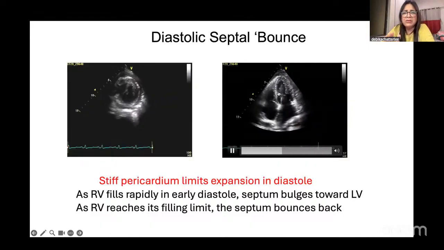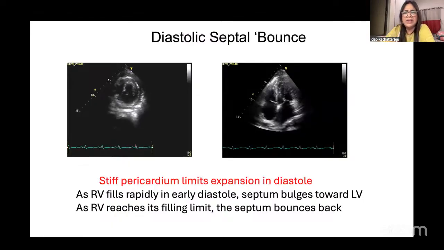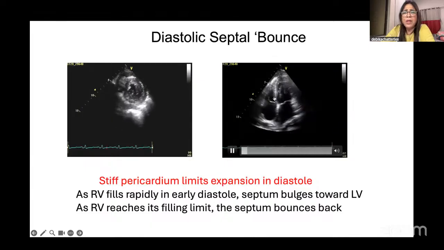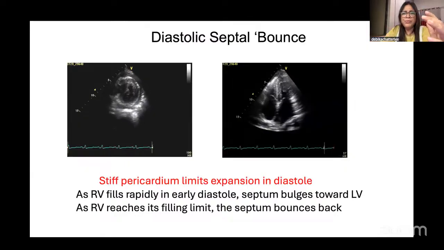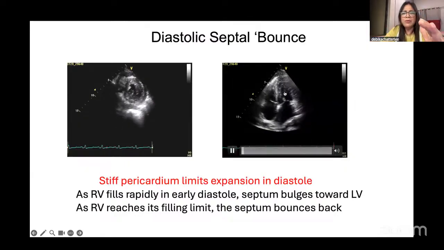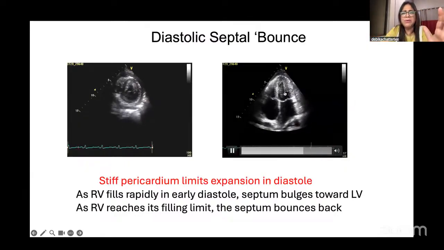You see, it's a shuddering motion of the septum because the thick calcified cement pericardium has resulted in fixed end-diastolic volume. So as the diastole goes, a time comes when it has reached its maximum limit.